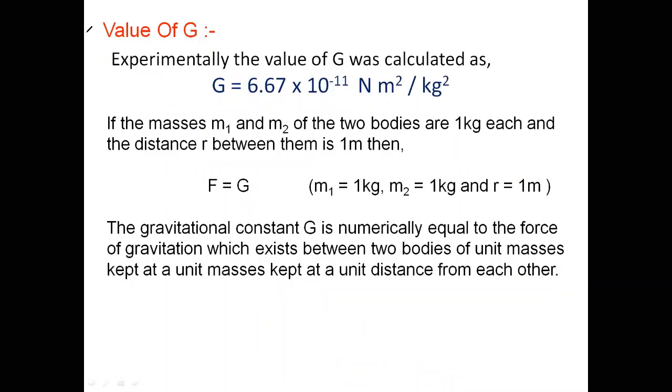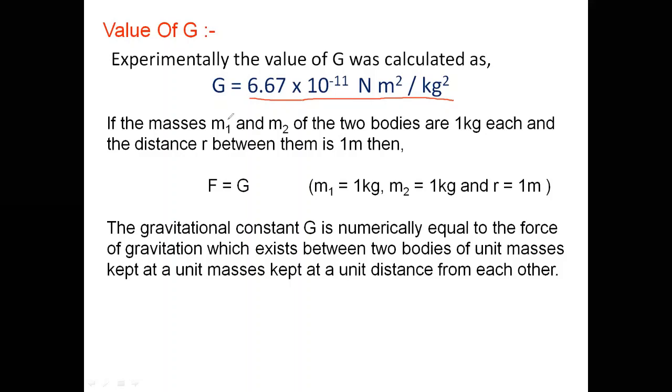Now we will find the value of capital G, or universal constant. Experimentally the value of G was calculated as 6.67 into 10 to the power minus 11 Newton meter square per kg square.